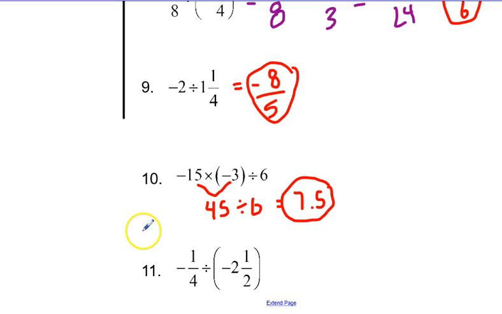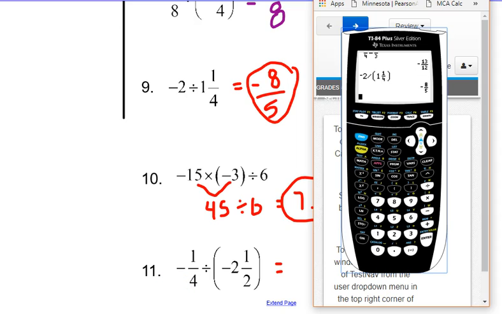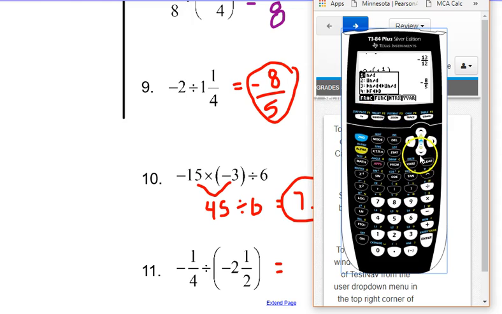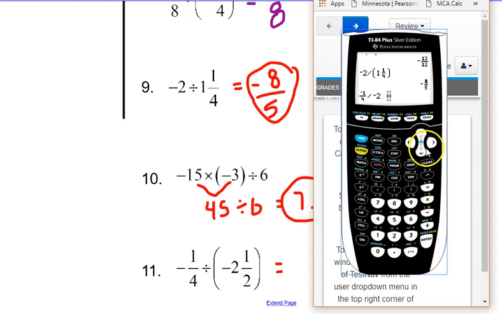Number 11, this is going to be a good one for calculator use, -1/4 divided by -2 and 1/2. So we get our fraction menu up here, do -1/4 divided by, and then we need a mixed number, -2 and 1/2.